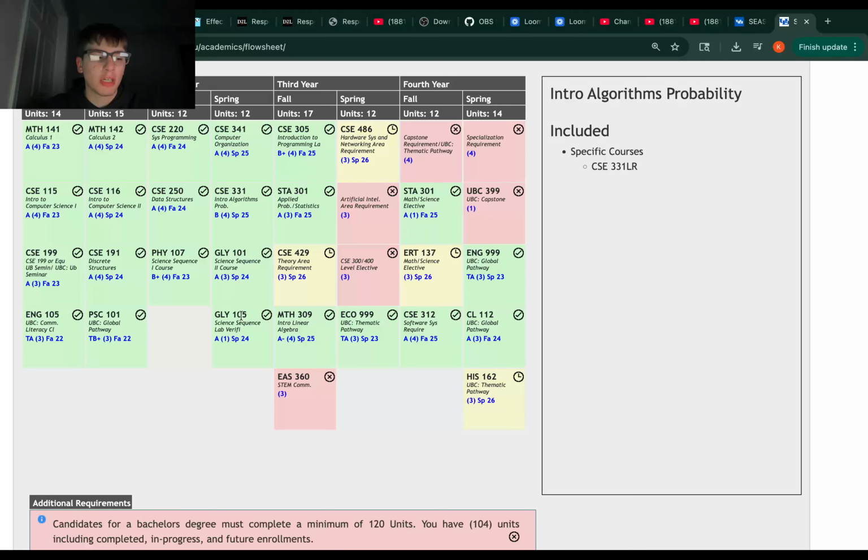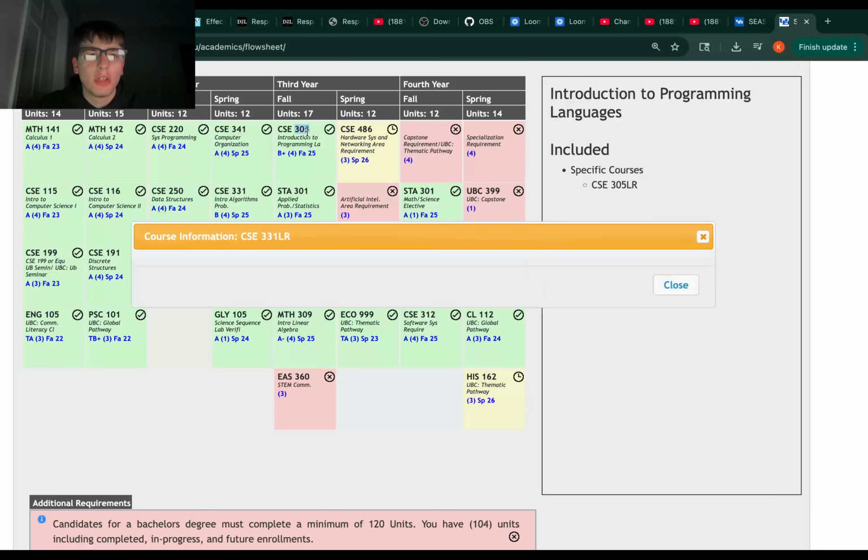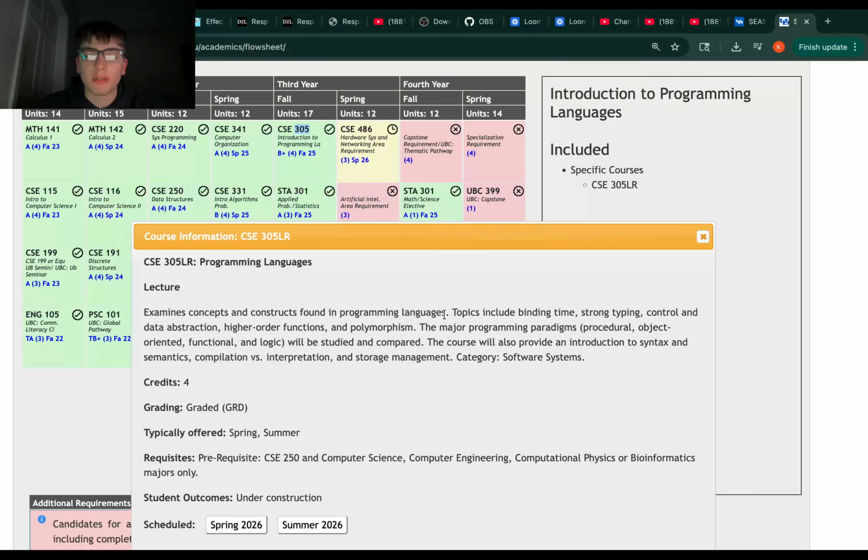Yeah, geology. These are all science requirements. Last semester I took 305, which is in OCaml, which is a very weird language if you've never done an OCaml type of language. Java, Python, C, those are all imperative coding languages.